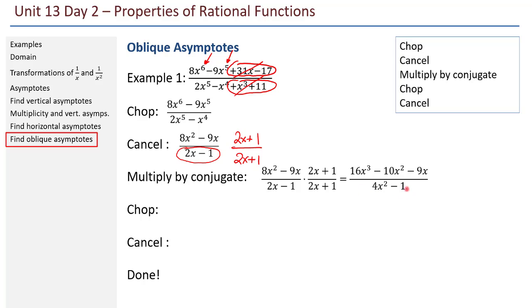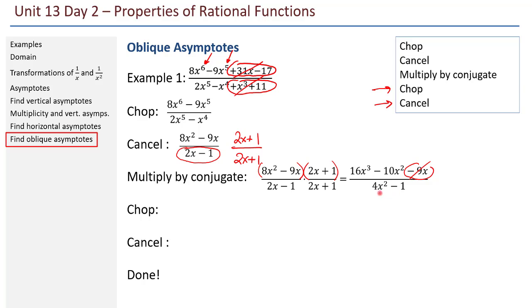So in the denominator, I end up with 4x squared minus 1. In the numerator, I did FOIL, so you ought to check my work on that. You do FOIL and you end up with this polynomial. Well, now I have something that has gotten a little bit more complicated. Well, I can do my chop and cancel steps again. So my top 2 terms here are x cubed and x squared, and so I will chop away the negative 9x, that doesn't matter.